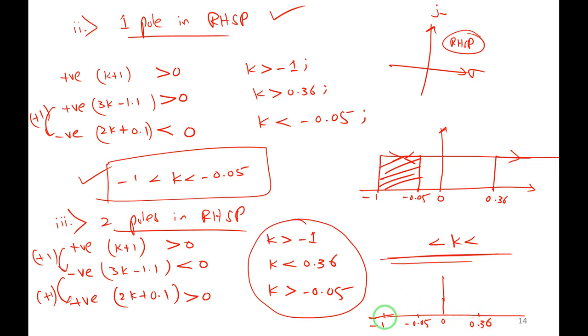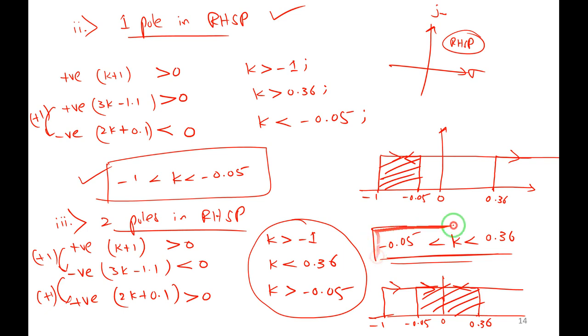So k is greater than minus 1, k is less than 0.36, but k is greater than minus 0.05. So this is the range of k. K should be lying between minus 0.05 and 0.36.